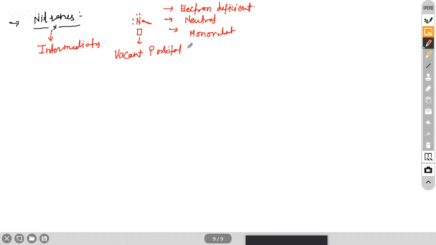Total number of electrons is 6. How is it 6? 2 plus 2, 4, and then 2 electrons in this bond, so 6 electrons, electron deficient. And obviously, with 6 electrons the octet is incomplete.